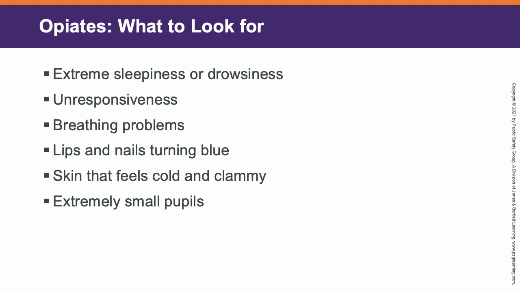That also leads to skin feeling cold and clammy and extremely small pupils. Essentially, the body's systems that the brain regulates, like breathing, consciousness, like thinking, begin to slow down significantly. Heart rate, all of those things.